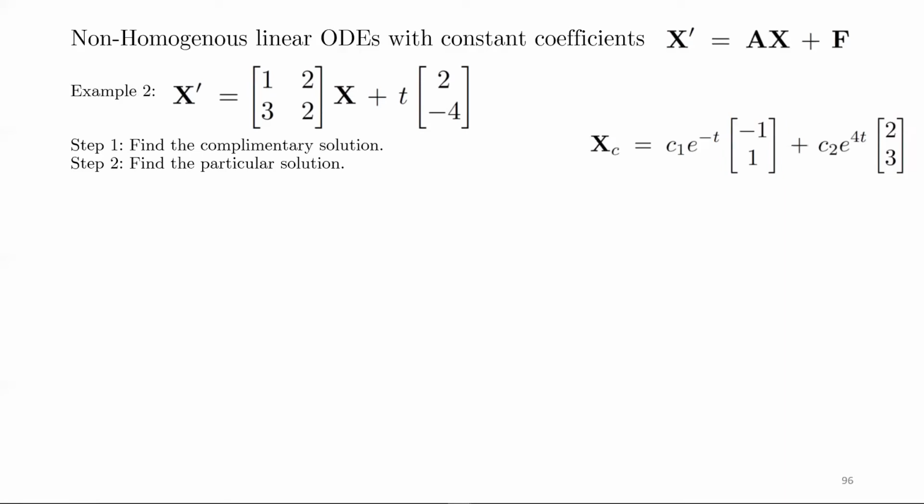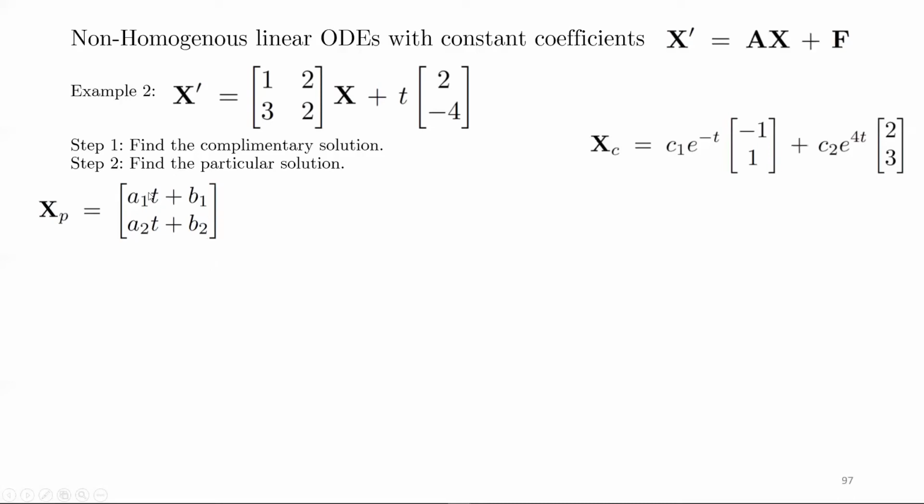So what we're going to do is choose a particular solution of the same form as the non-homogeneous term. This is a polynomial of order 1 in both of these terms. So my test particular solution is just a polynomial of order 1 in both of these terms: a1 times t plus b1, a2 times t plus b2.